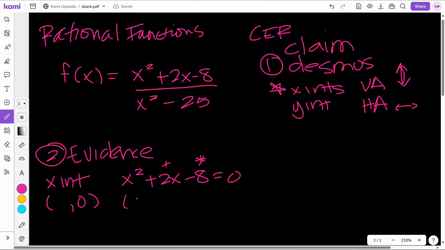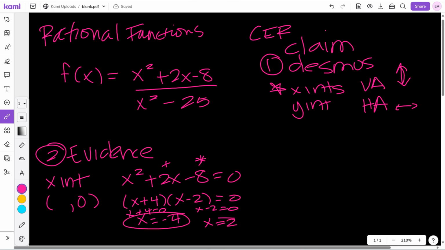So that would be x plus 4 and x minus 2. And then I'm going to set those equal to 0. So I subtract 4 from both sides, and then on the second one add 2 to both sides, and I get these two x-intercepts, which I can put on the graph. So I have two x-intercepts at -4 and at 2.